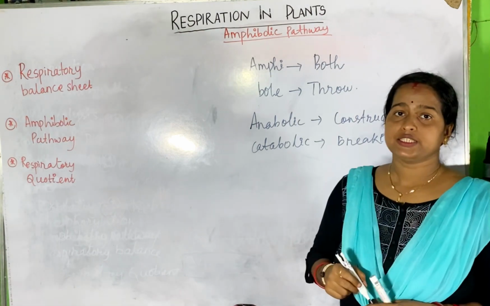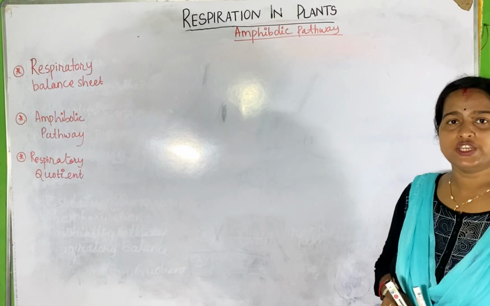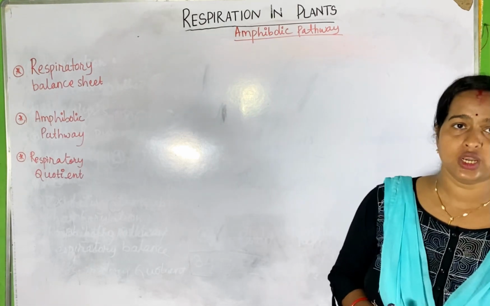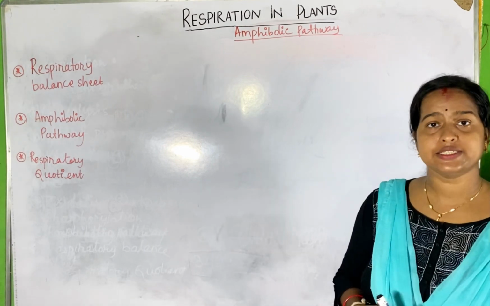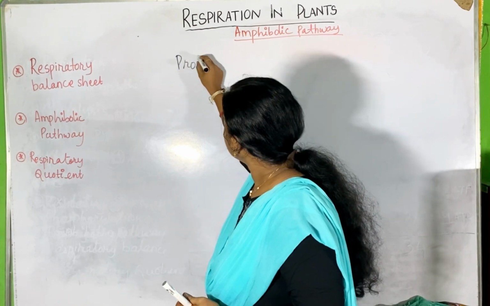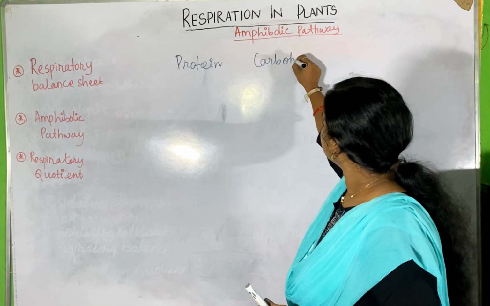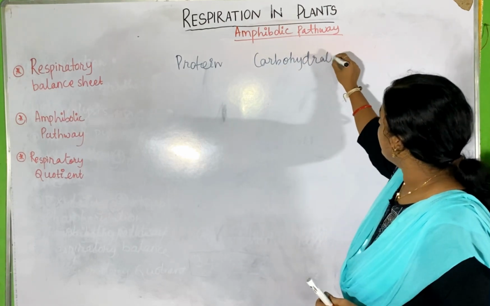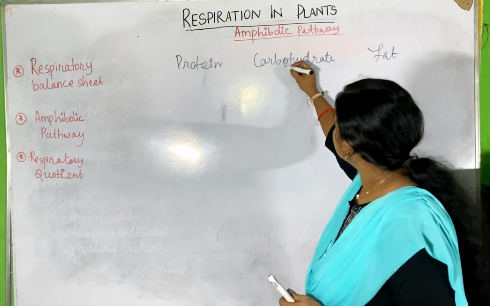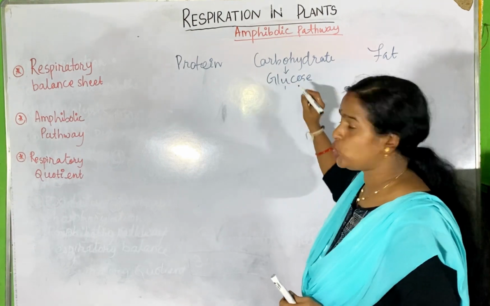So let's discuss how this is happening. Different respiratory substrates can enter the process of respiration, and energy formation occurs along with carbon dioxide release. The respiratory substrate can be protein, carbohydrate, or fat. For carbohydrate, the common glucose will form glucose 6-phosphate.